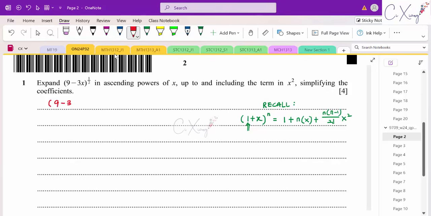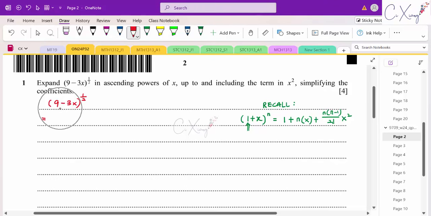I'm having (9 − 3x)^(1/2). First of all, because we don't have the first term started with 1, it is a 9, I have to factorize out the 9 from the bracket so that the first term becomes a 1. When you factorize out the 9, you have to include the power as well.